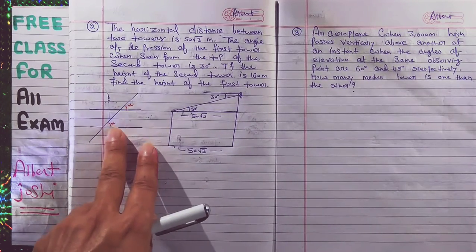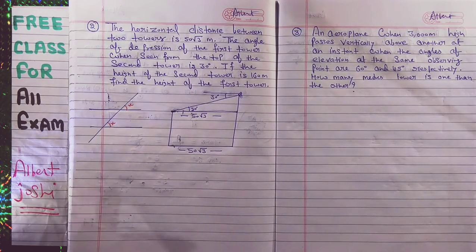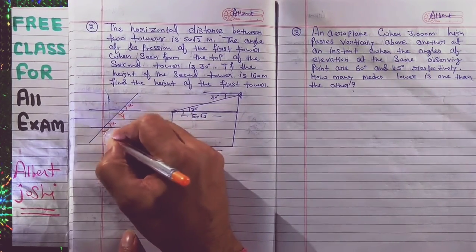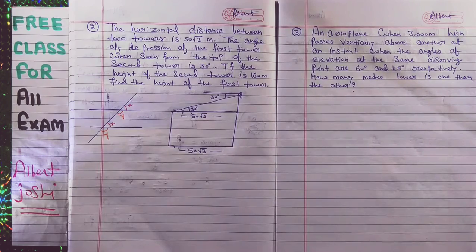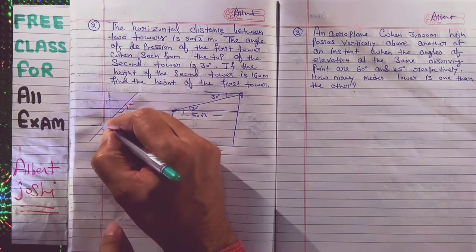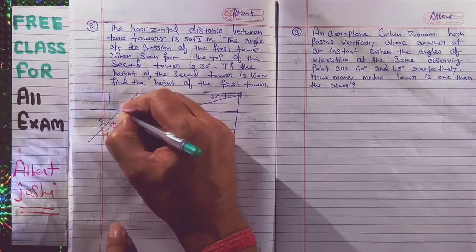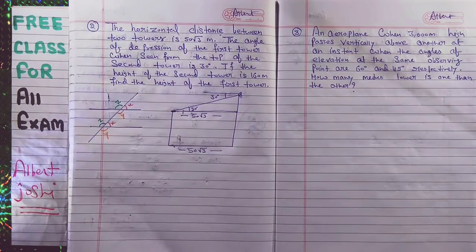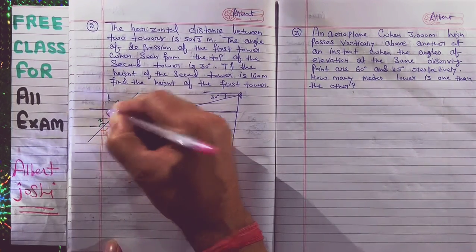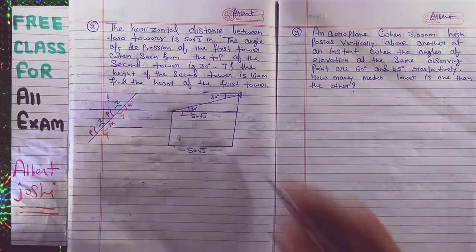This angle and this angle will be equal, and this angle and this angle will be equal. These are all corresponding angles.